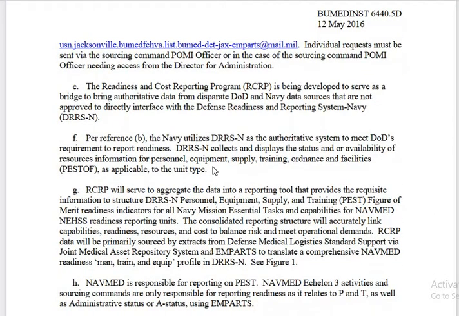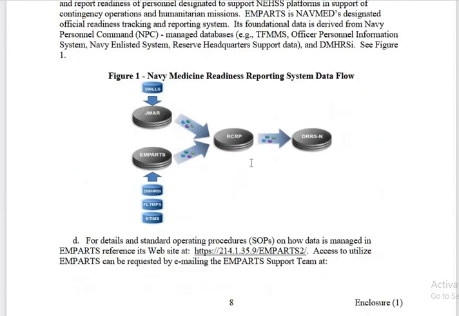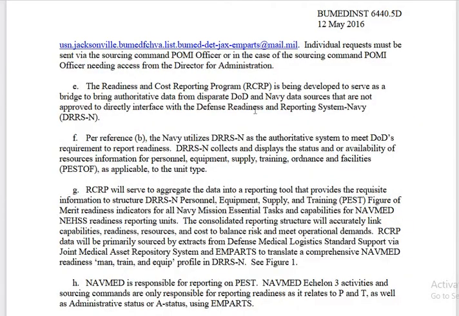Navy used the DIRS M as the authoritative system to meet DoD's requirement to report readiness. It talks about status and availability of resources for personnel, equipment, supply, ordnance, facilities, so everything. So RCRP is the authoritative system to meet DoD's requirement for readiness. Remember that one. It's the authoritative system.